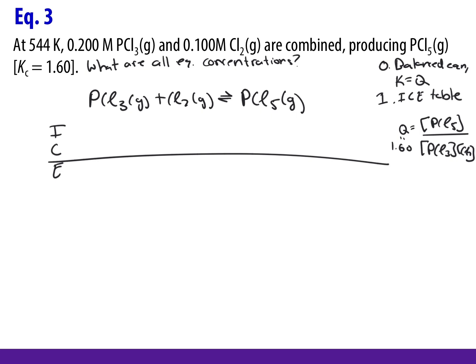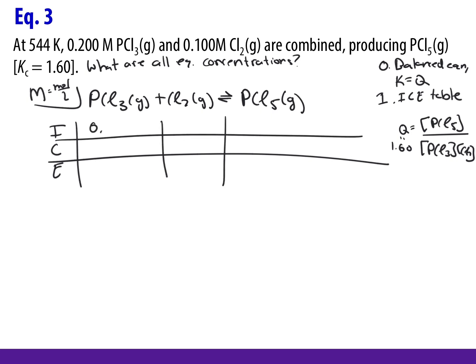Now I can fill out my ICE table. In this case, we didn't have any unit conversions to do. We're given the proper units. Remember, molar or moles per liter is going to be the right unit generally to use on our ICE table. So we can just plug directly in 0.200, 0.100. Now the change row, just like the previous examples, we started with all reactants.